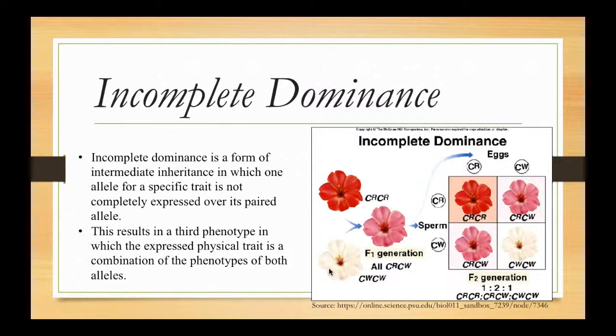But what makes codominance different from incomplete dominance is that codominance has both alleles completely expressed. In incomplete dominance, there is a combination of the phenotypes, and the alleles are not both completely expressed. That's the big difference.